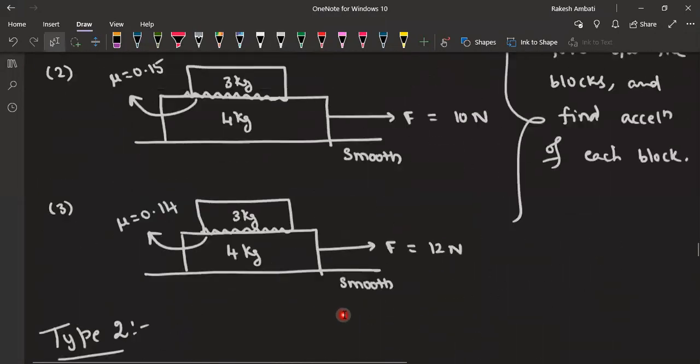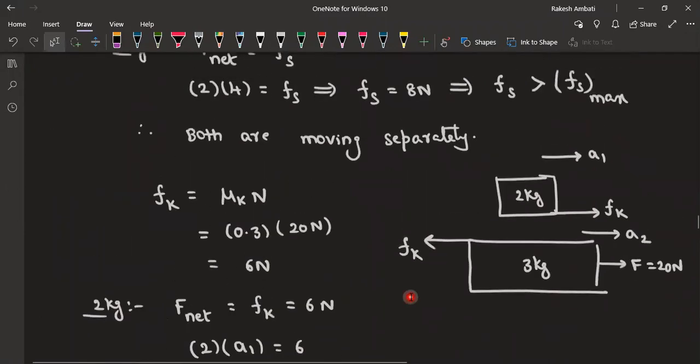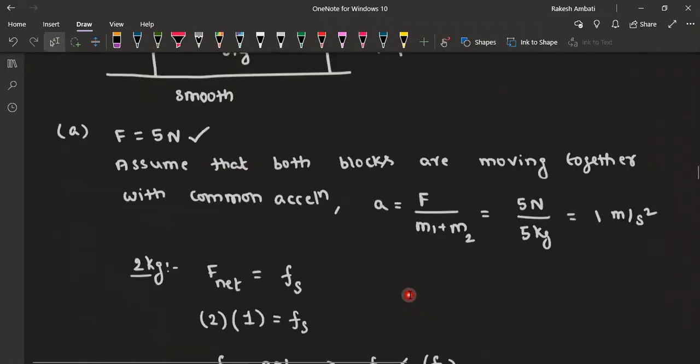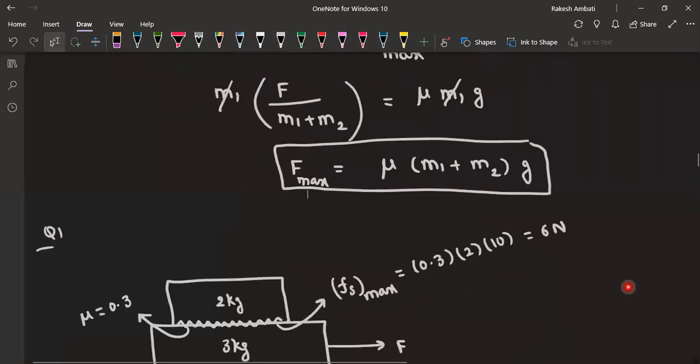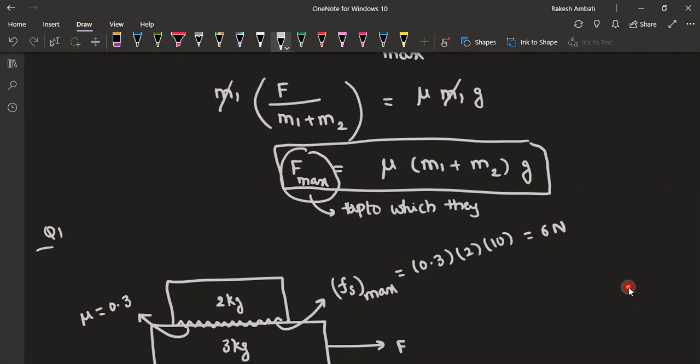In type 1 also, see here in the theory part, write down if you have any space. It is the maximum applied force up to which they move together.